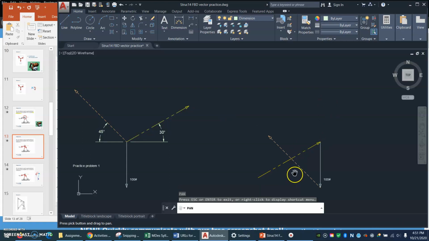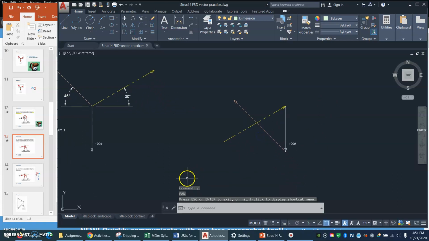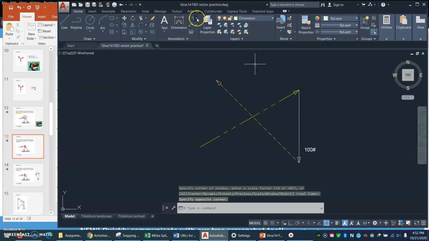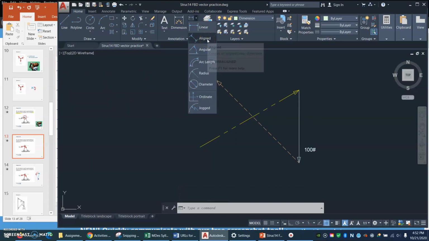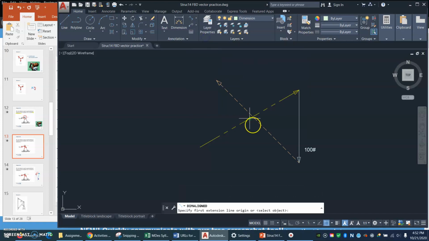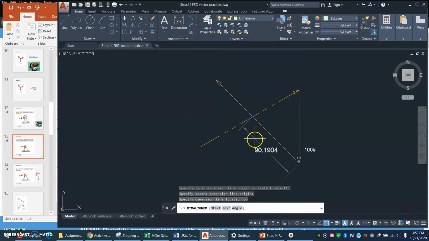And now, how long are these? Well, I can, oh, you know what I didn't plan for? I didn't plan for setting the text height in my dimension. This will probably be bad, but I'll try it. So I can get an aligned dimension and measure, oh, look at, yay me.